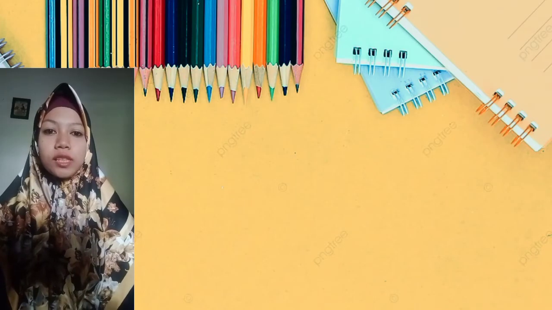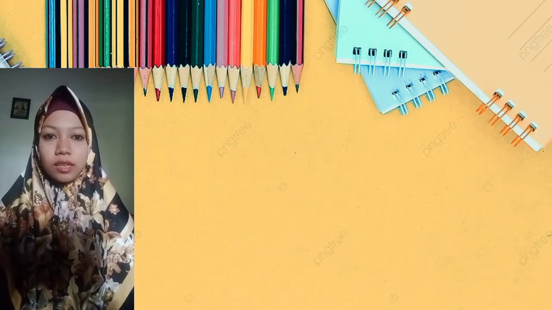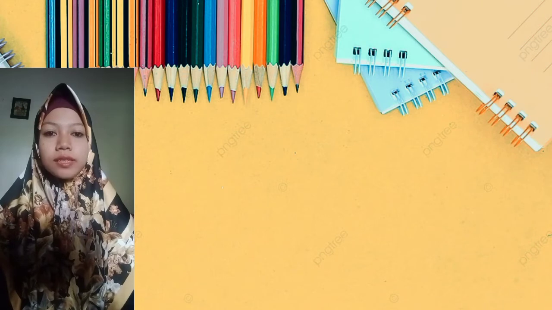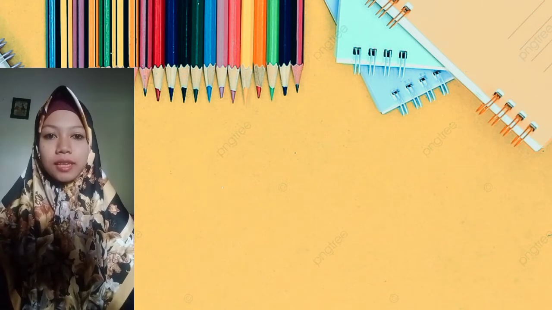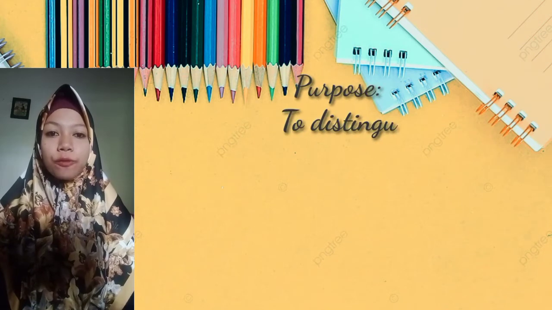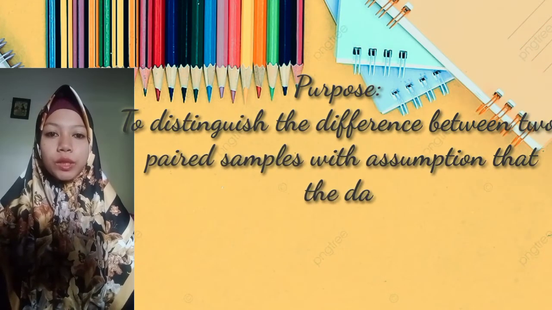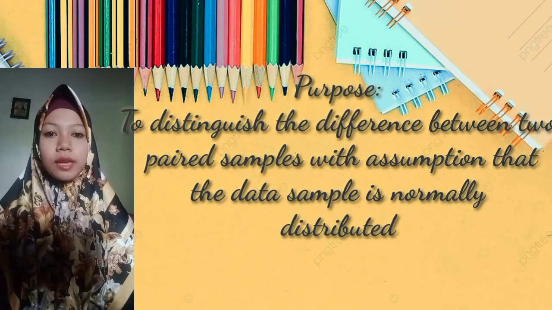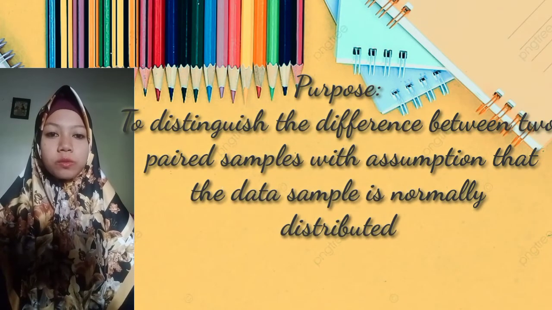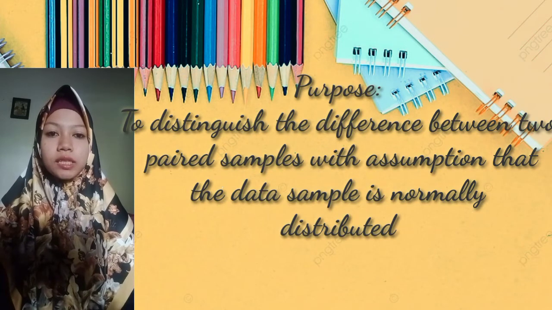Let's go on to the third point about dependent sample t-test or paired sample t-test, pre-test and post-test. The purpose of this test is to distinguish the difference between two paired samples with the assumption that the sample data is normally distributed.